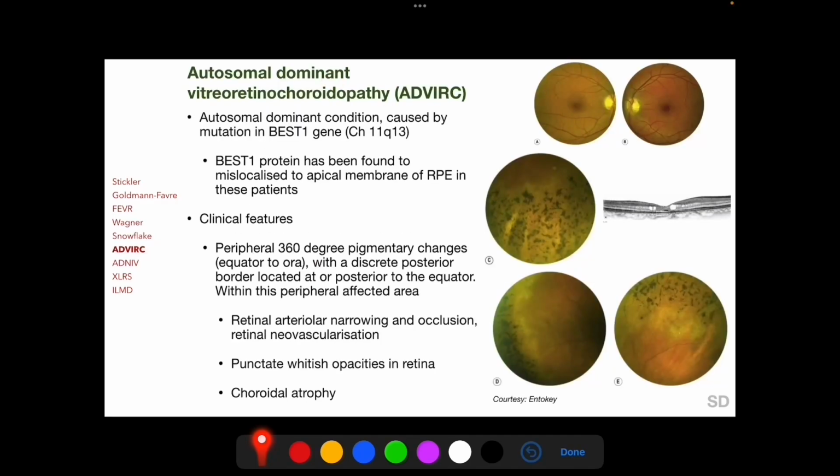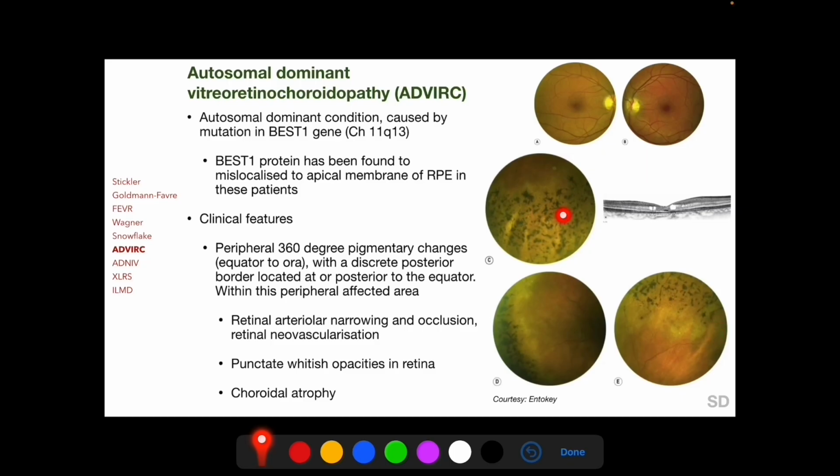Autosomal dominant vitreoretinochoroidopathy or ADVIRC is caused by mutation in the BEST1 gene, mutation in which also causes Best disease and autosomal recessive bestrophinopathy, which we have discussed in the session on macular dystrophies. The characteristic clinical feature of ADVIRC is pigmentary changes in the peripheral retina from the equator to the ora serrata 360 degrees all around the fundus, with a discrete posterior border to this region at or posterior to the equator.